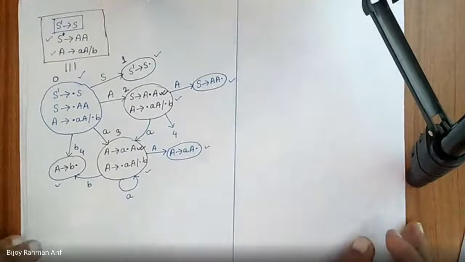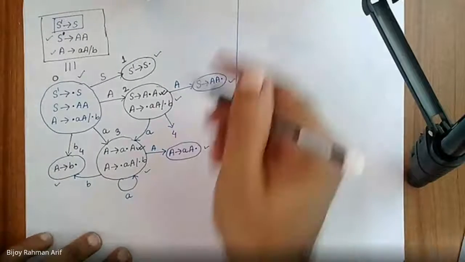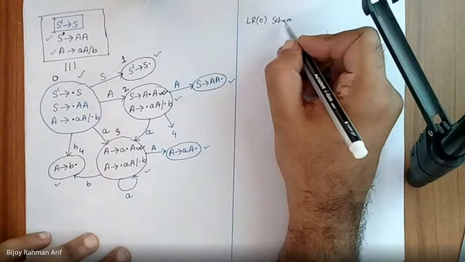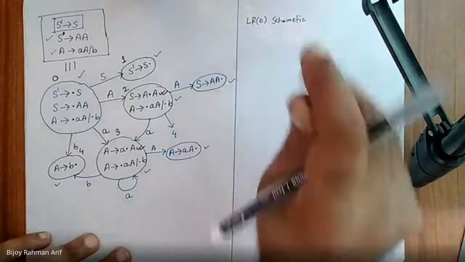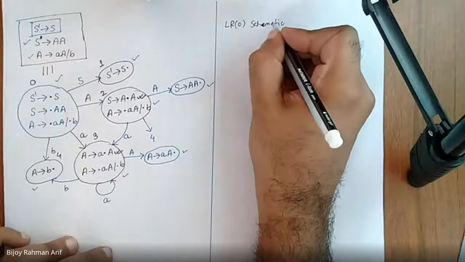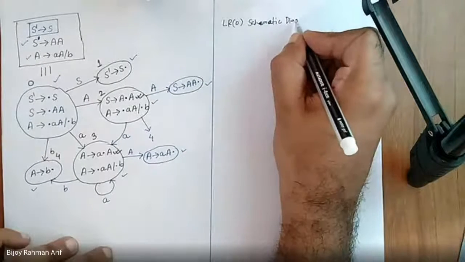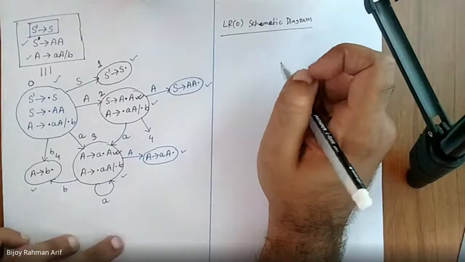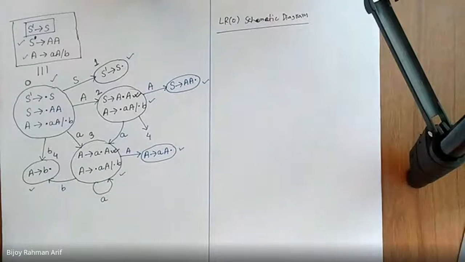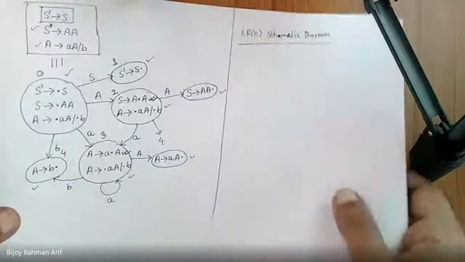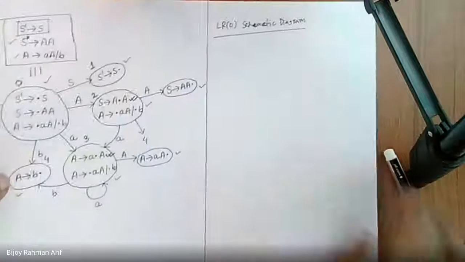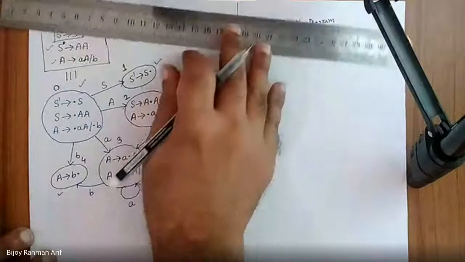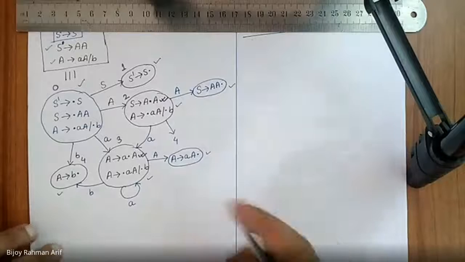Remember. So let's draw the schematic diagram of the LR0 parser. The scheme is like this.